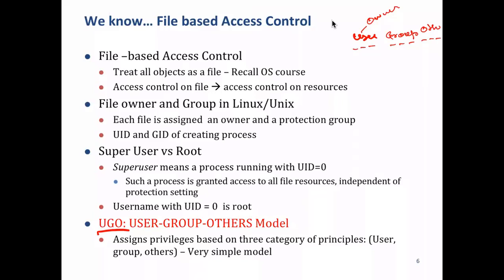So most of the things in the OS are represented as a file, which are the objects. Now with these objects, we have access control using these. So with each file there is an associated owner. Note that with each file or each object, there is a concept of owner.